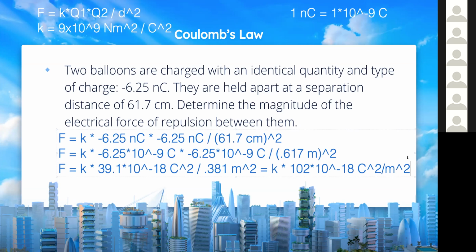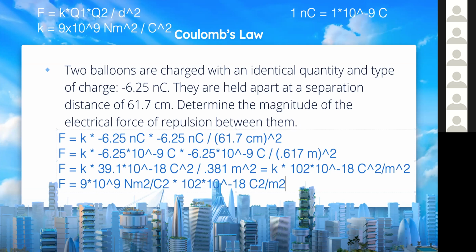And then this last step should clean everything up for us, as we need to spell out what K is. Nine times 10 to the ninth Newton meter squared divided by Coulomb squared times all this mess, 102 times 10 to the negative 18th Coulomb squared over meter squared.